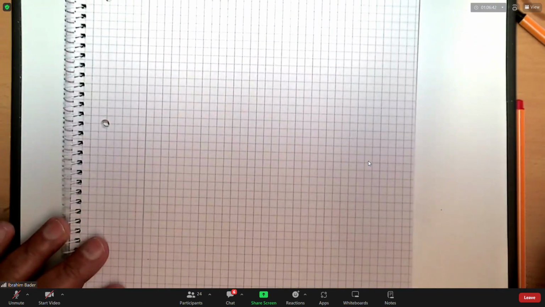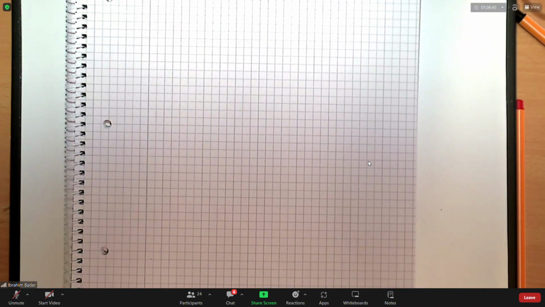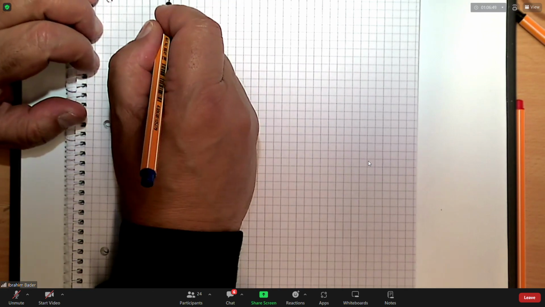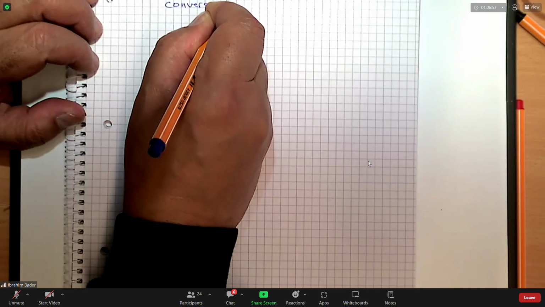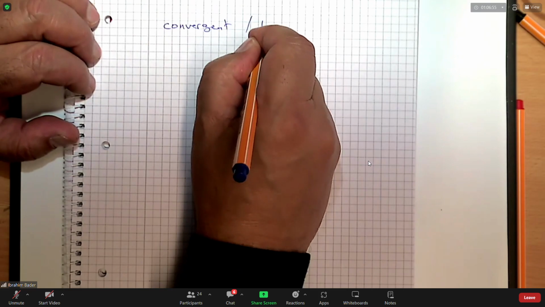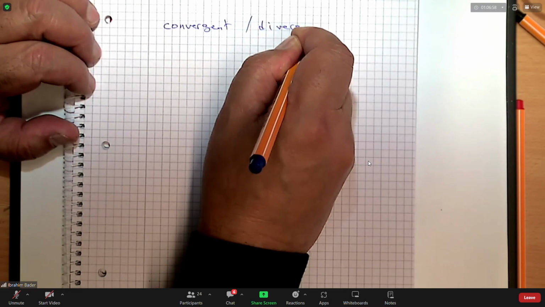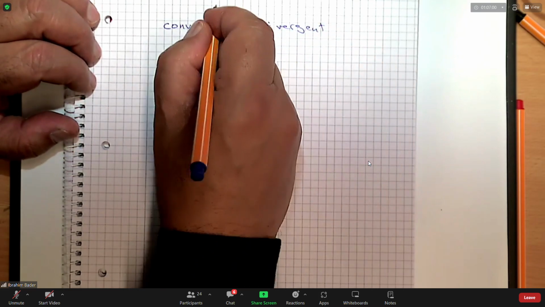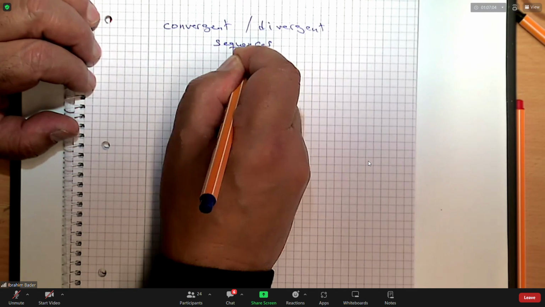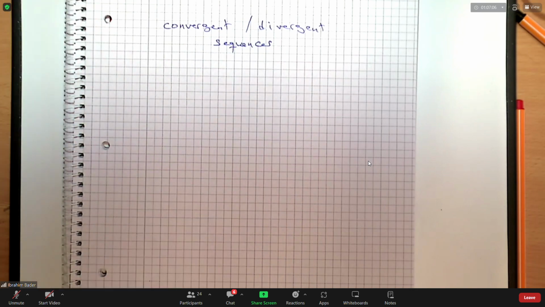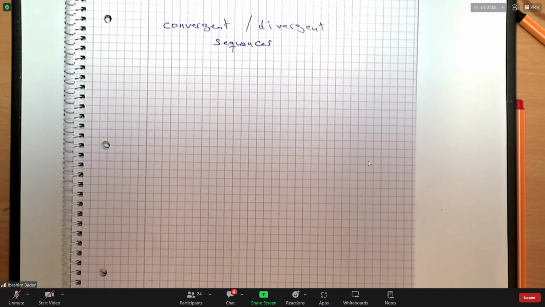But in general, I will just give you some idea about convergent sequences. We will do this again after holidays.